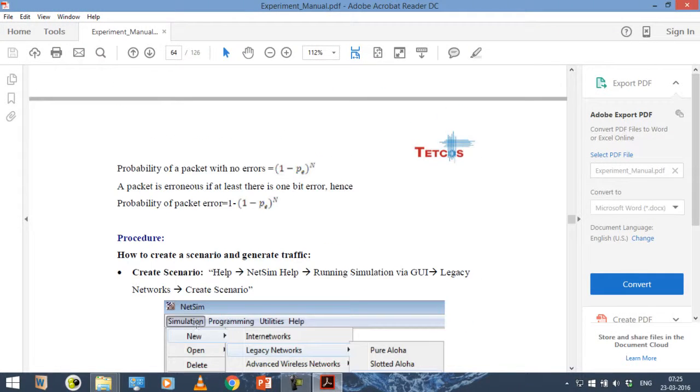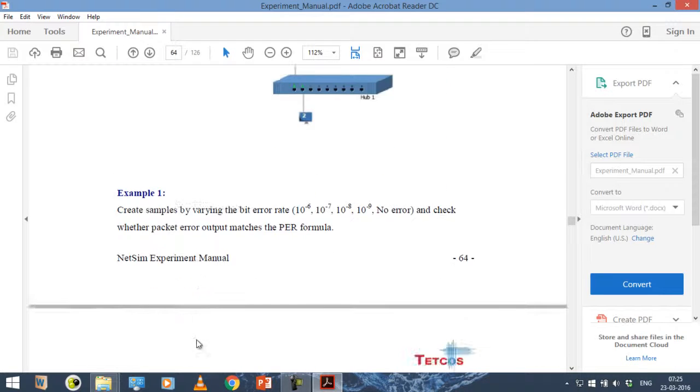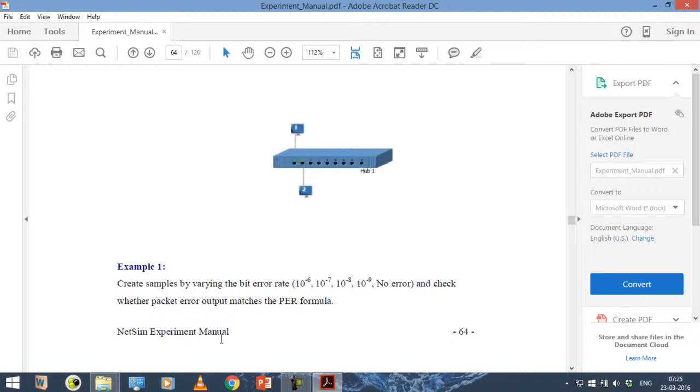So let's see the scenarios. In the example, we create samples by varying the bit error rates from 0 to 10 power minus 9, minus 8, minus 7, and so on in multiples of 10, and we check whether the packet output matches the PER formula.